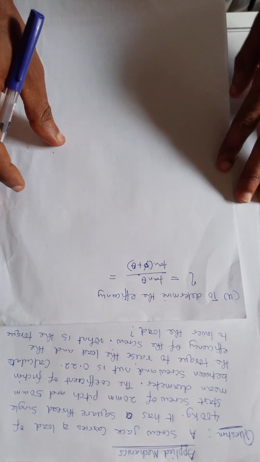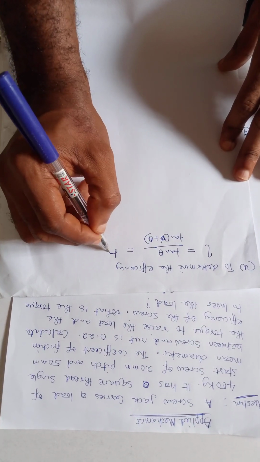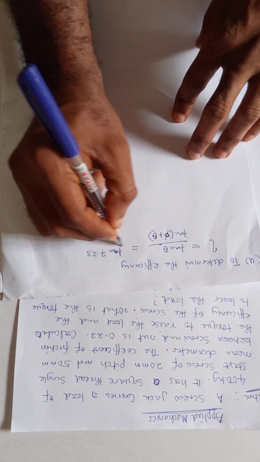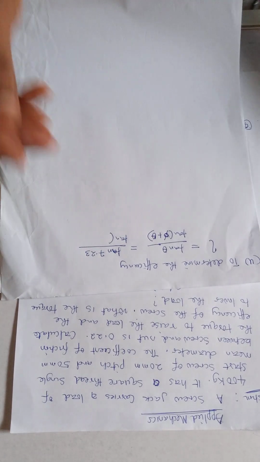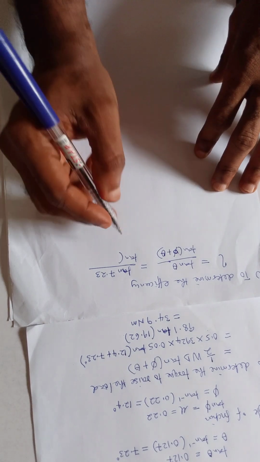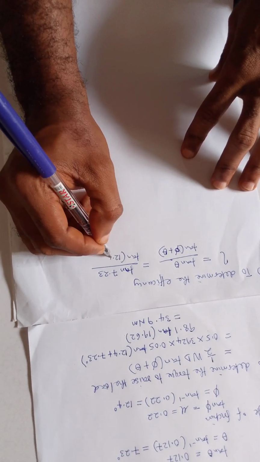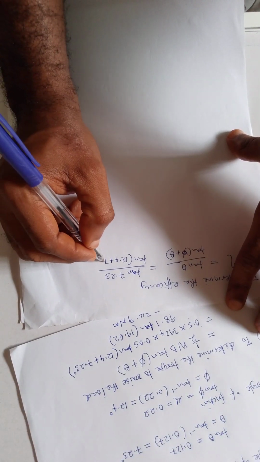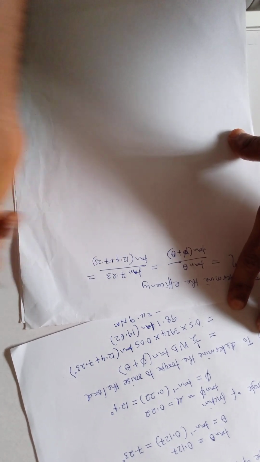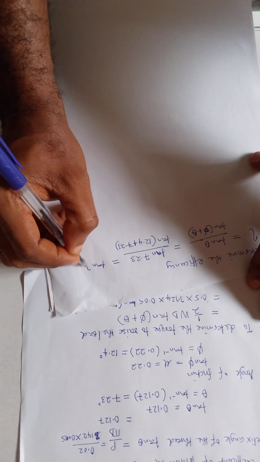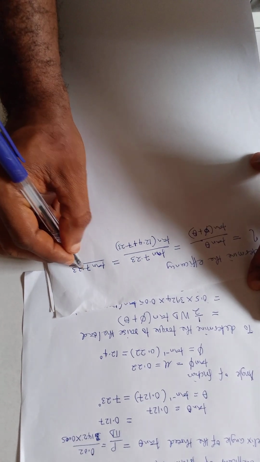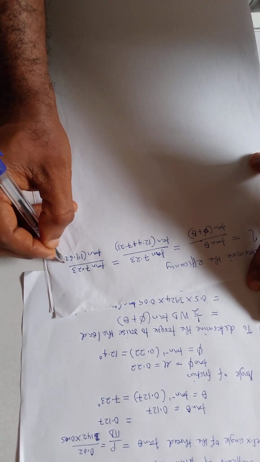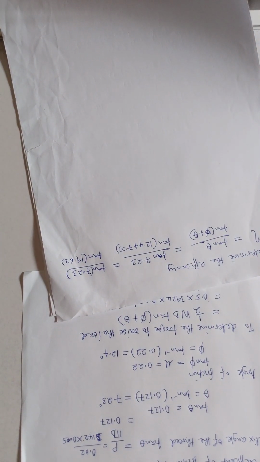So this will be equal to tan of theta, which is 7.23, divided by tan of phi, which is 12.4, plus theta, 7.23. This gives us tan 7.23 divided by tan 19.62.